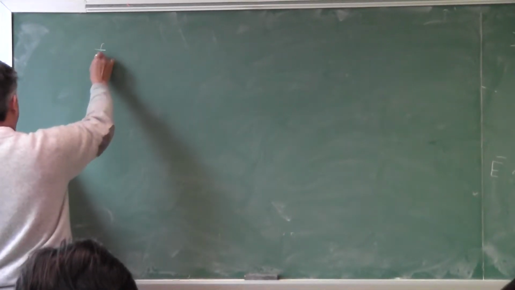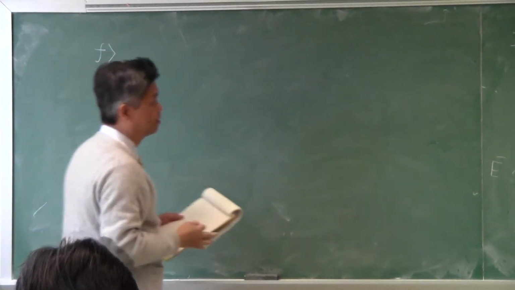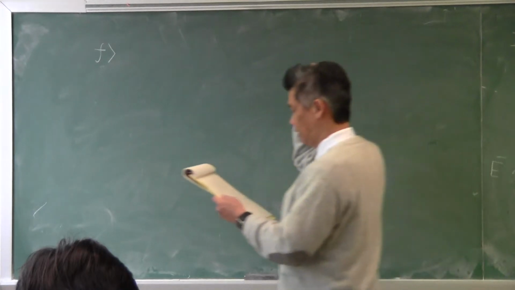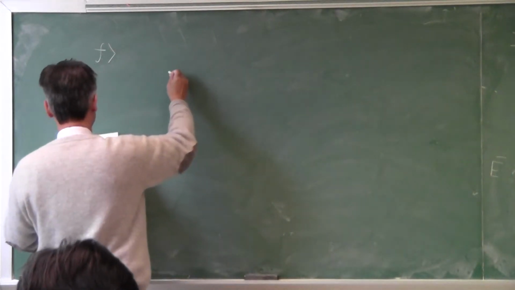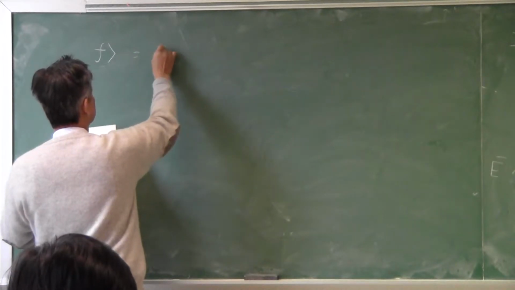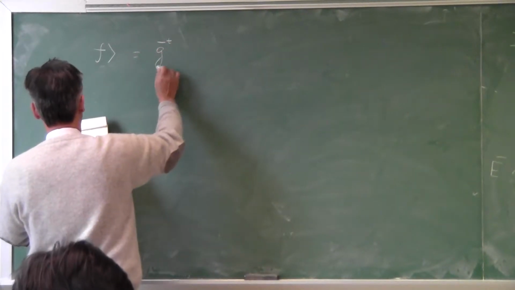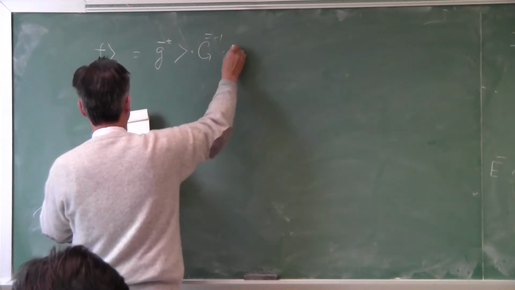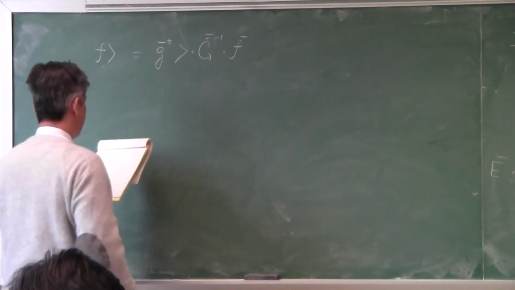So I have this vector F, which is the unknown that I've started out with. That is essentially equal to G transpose stacked into a column vector times the matrix G inverse times another column vector F.